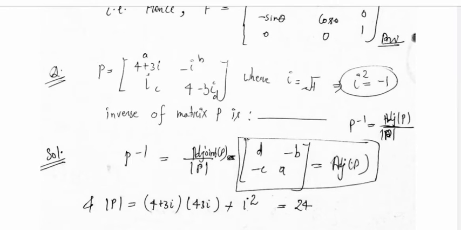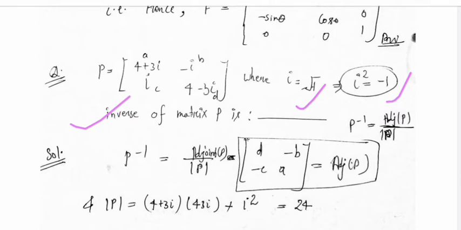The matrix P is given here, where i is equal to under root minus 1 and i square equals minus 1. Then what is the inverse of the matrix P?